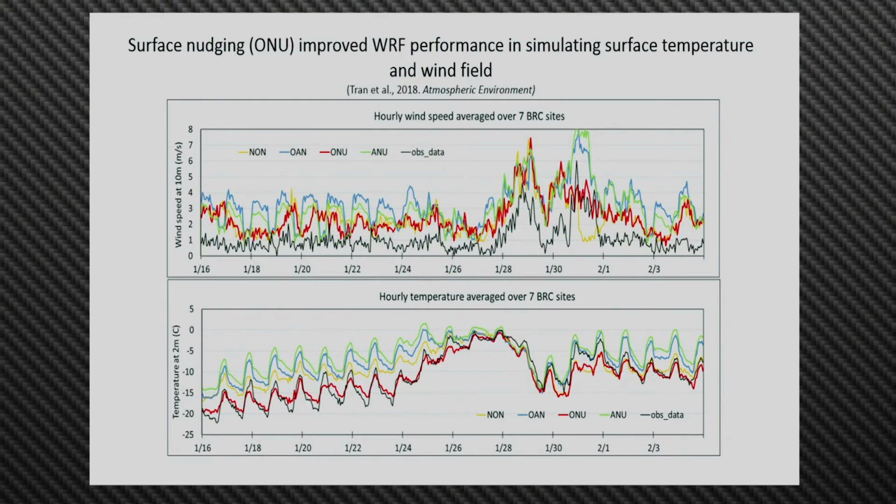You can see it corrects a lot in terms of simulating very low wind speed. Also, for the temperature here, you can see the red line matches best with the black line. The red line, again with surface nudging, while the default WRF tends to overestimate by about 10 degrees C during the inversion episode. So nudging with the surface data does help with simulating some conventional surface meteorological quantities.